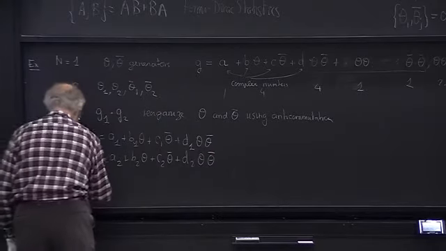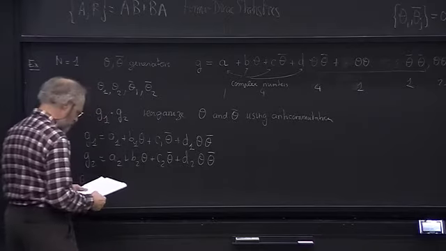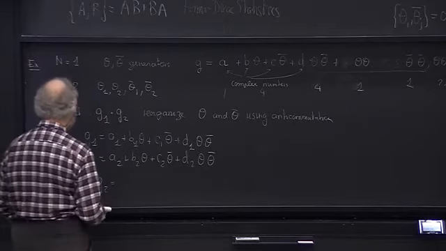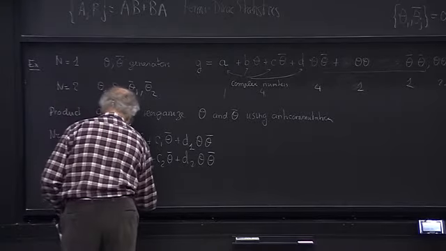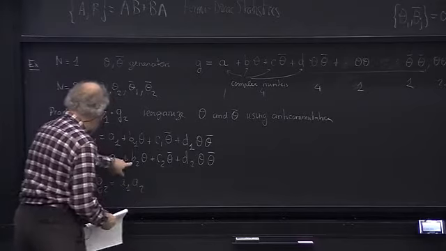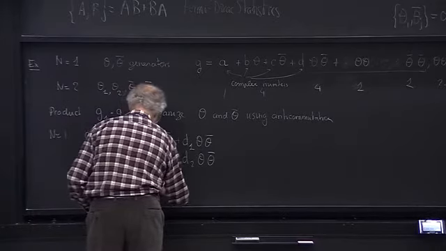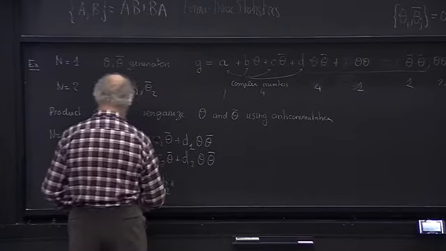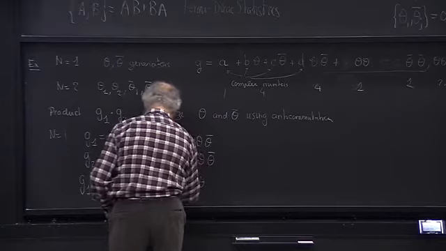What is G1 times G2? Well, A1 A2, then you may have A1 times B2 plus A2 times B1 times theta.